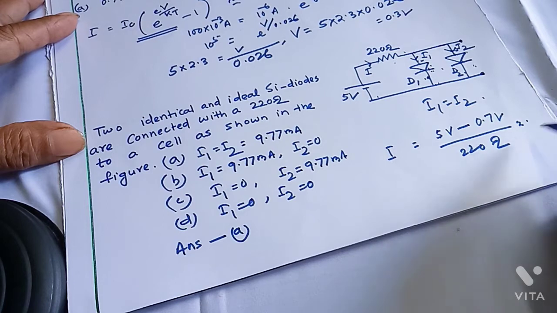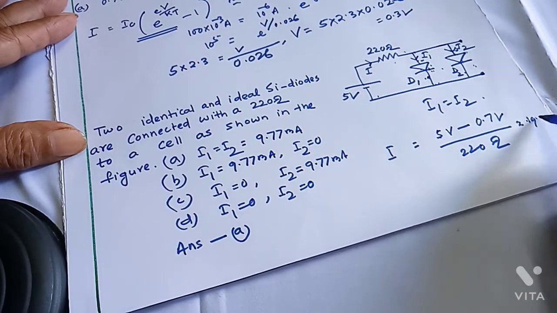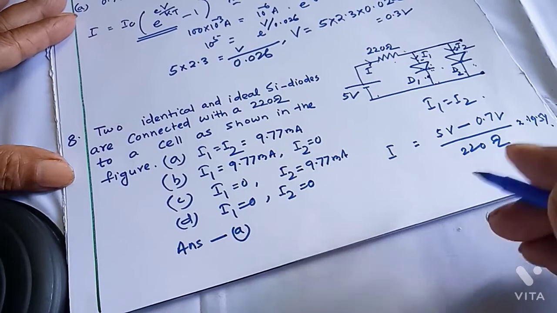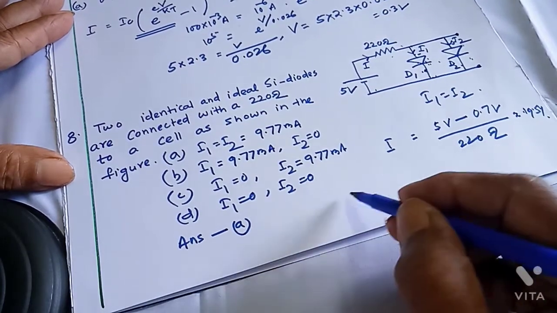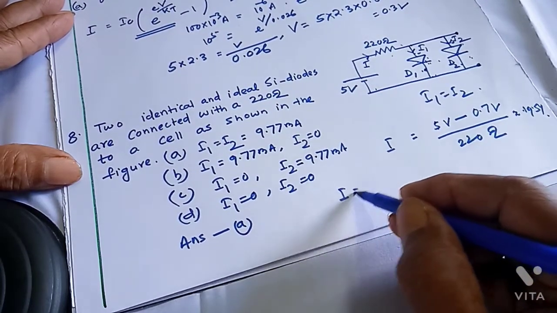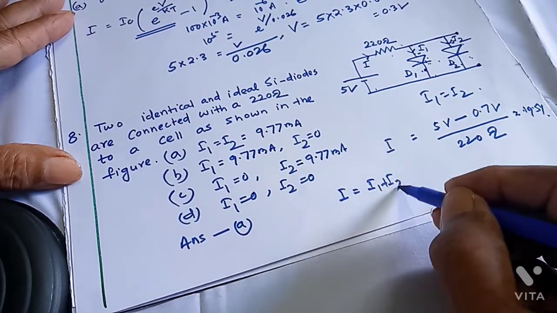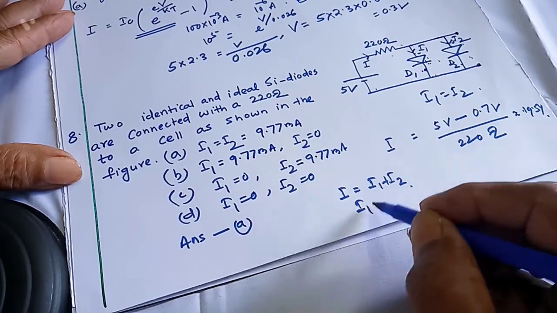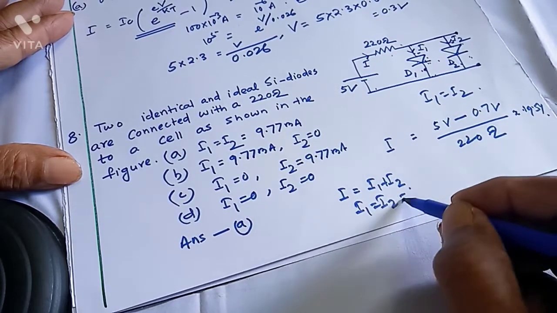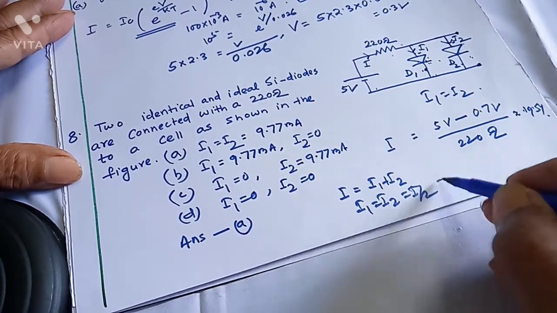19.54 you can simplify. I am telling the principle only. Now here I is equal to I1 plus I2, since they are equal, I1 equal to I2 equal to I by 2.